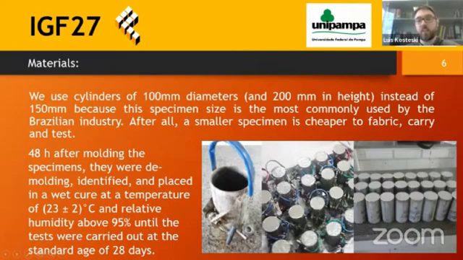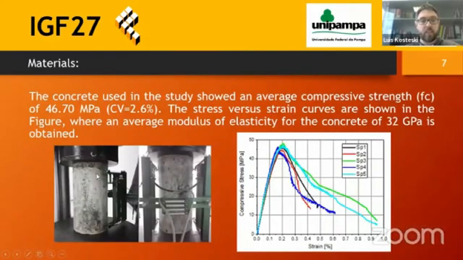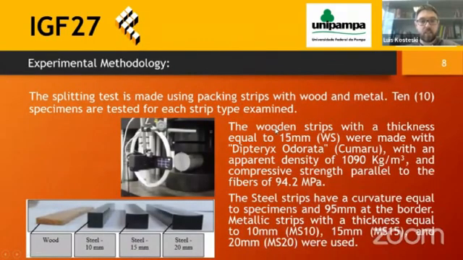We do all the study at 28 days. Here I show the compressive test only to check the material properties, and then I will present the result of the splitting test with four different strips.